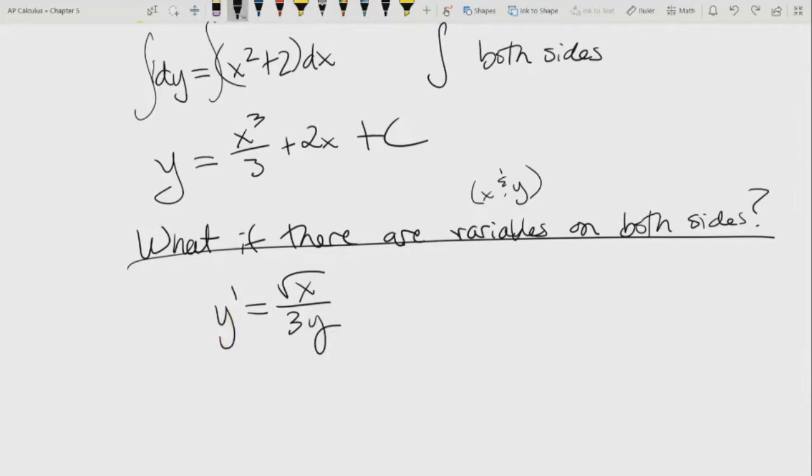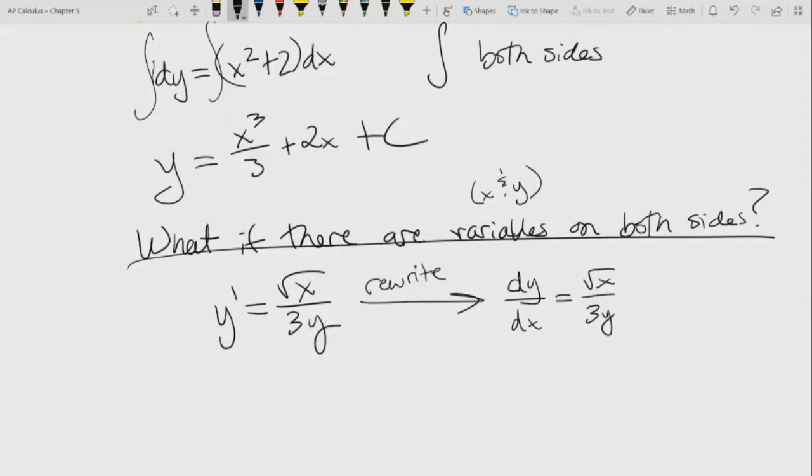So first thing we do is a little rewrite. I'm going to say that this is dy/dx equals square root of x over 3y. They call it the Leibniz notation for this one, by Gottfried Leibniz. He's the one who came up with it. I don't know if that's his first name, but it sounds right.